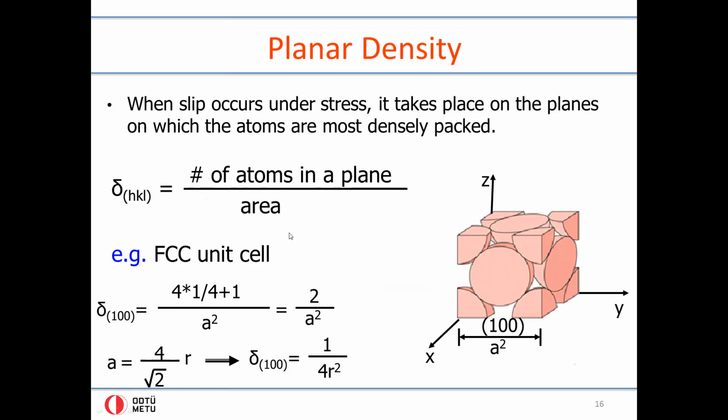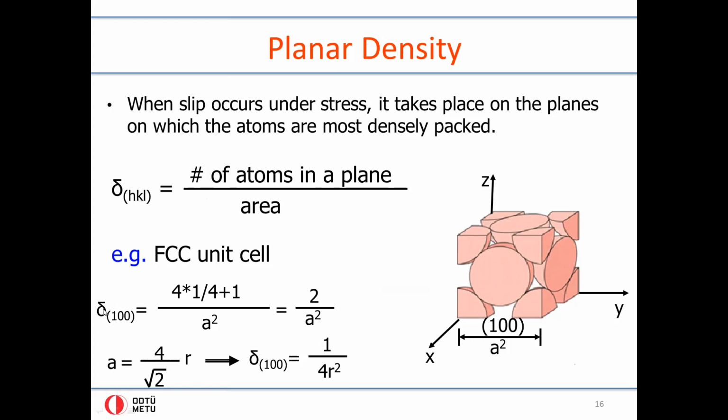So if you choose the area within a unit cell, so the shaded area of the plane, then the number of atoms in that shaded area will be of interest. So we choose the FCC unit cell as an example. This is the FCC unit cell, a more realistic representation. You have corner atoms and you have face atoms, 6 of the face atoms and 8 of the corner atoms.